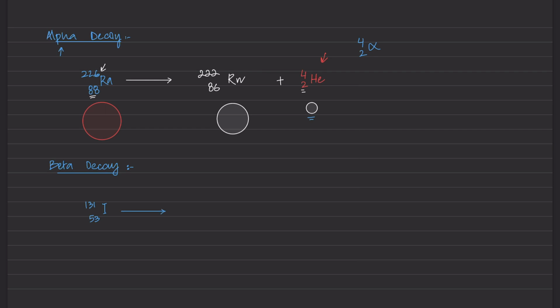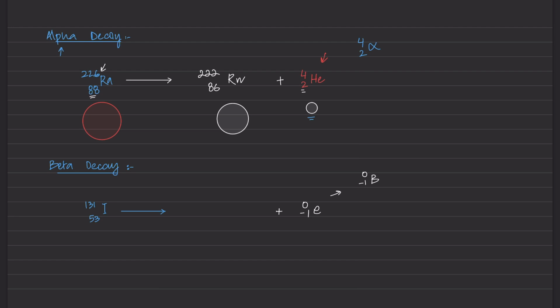What is being kicked out? What's being kicked out is one electron. Also, you can write it down like this. We'll talk about this in a bit more detail afterwards. So this is what really leaves.